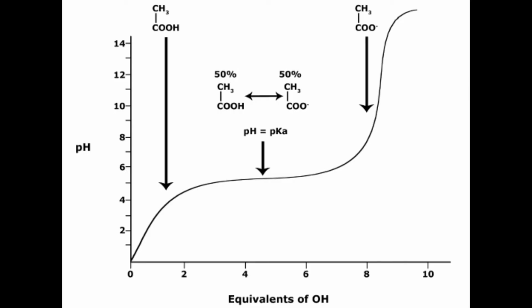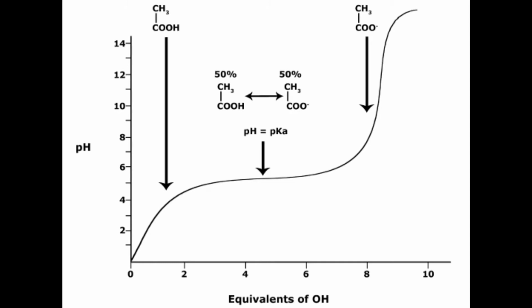The H+ ions stolen from the acetic acid neutralize the OH- and make H2O. Since these H+ ions are soaked up by the hydroxide ion and therefore don't contribute to the free H+ concentration, the pH doesn't change. You can see this behavior reflected here in the graph when the pH starts to plateau from roughly 3 to 7 equivalents of OH-.